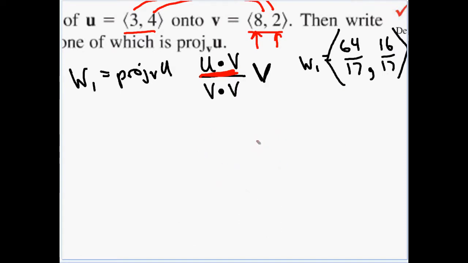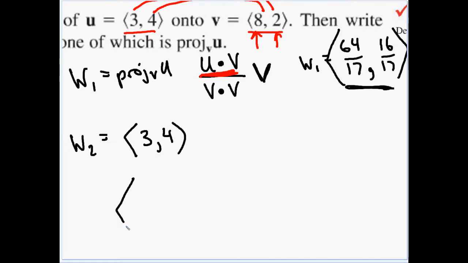Now to find vector component 2, we're going to take u and subtract this w1 from it. And notice here our denominators are 17, and vector u is 3, 4. So let's turn those into fractions with denominators 17.